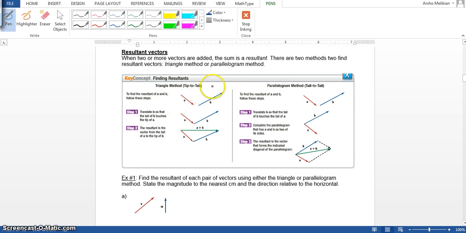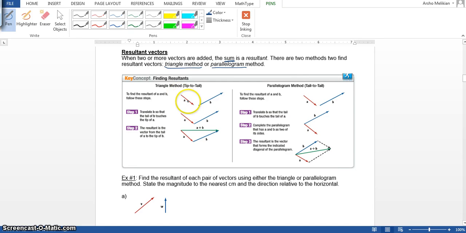The resultant vector is the sum that we obtain when we add two or more vectors. There are two ways to find resultant vectors: the triangle method or the parallelogram method. I like the triangle method better. I think it's more straightforward.